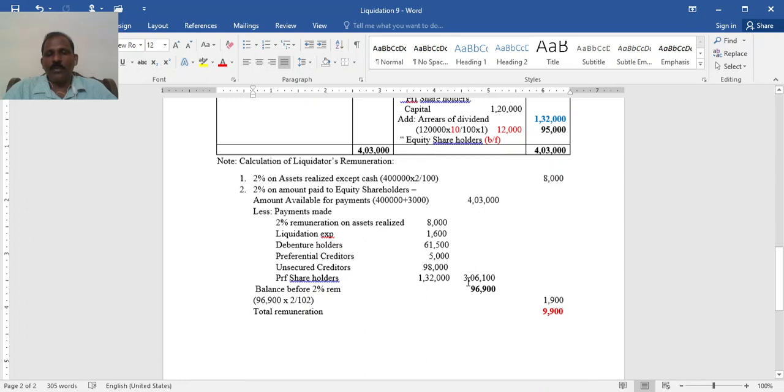When you total it, it becomes 3,06,100. From 4,03,000, when you deduct this, 96,900 is the balance left after what is paid so far.